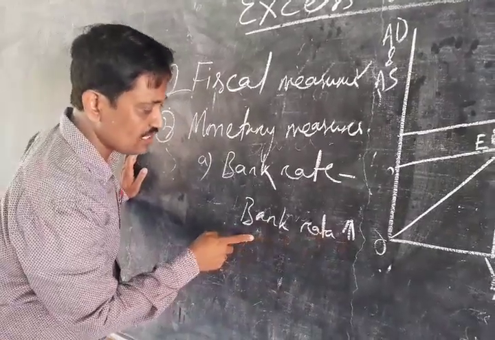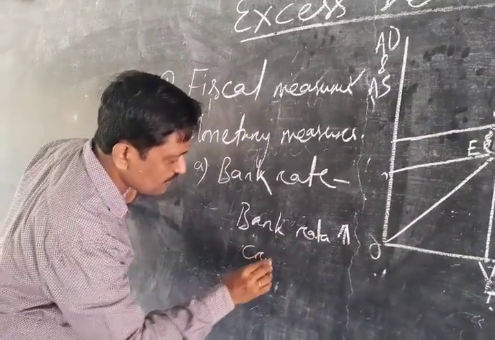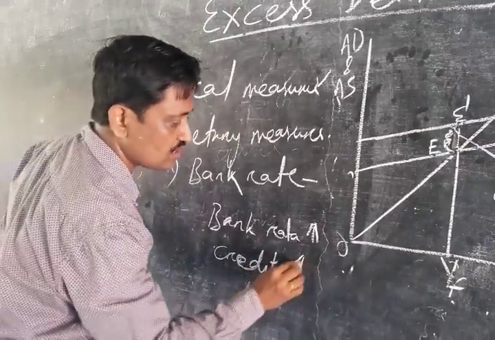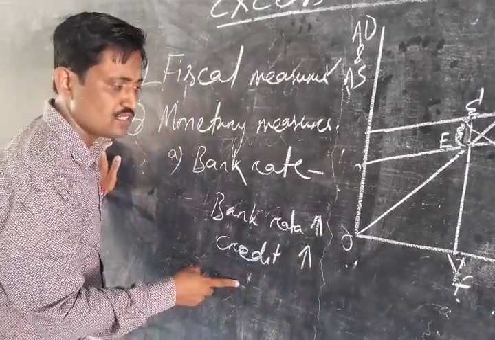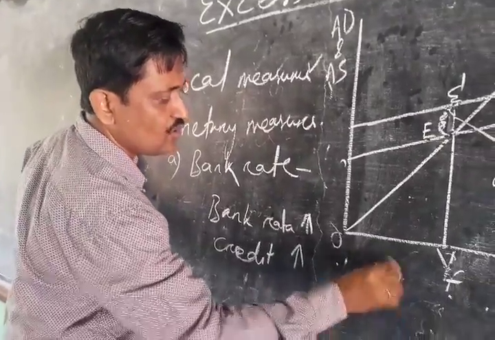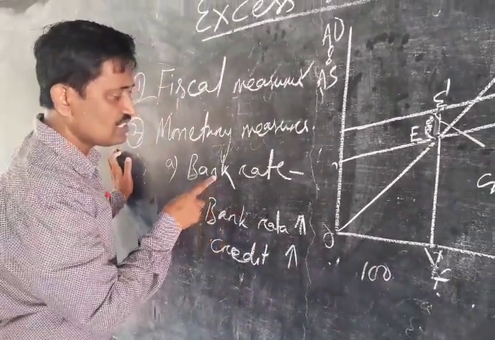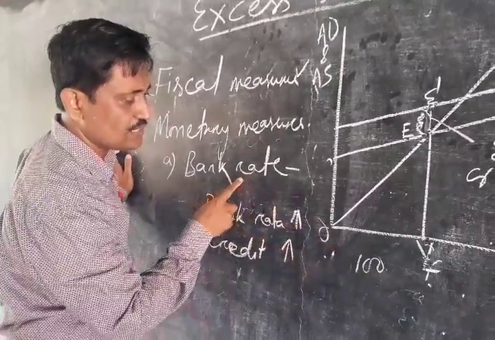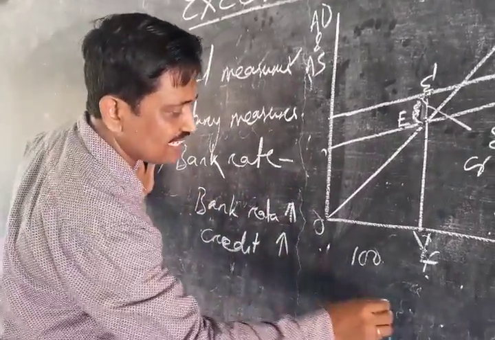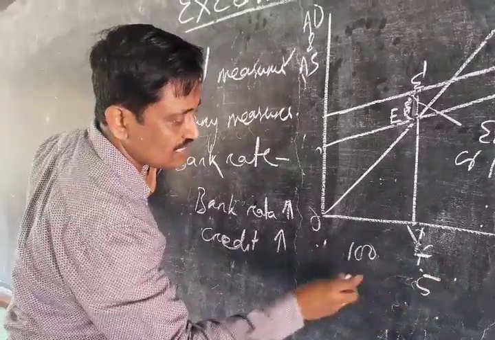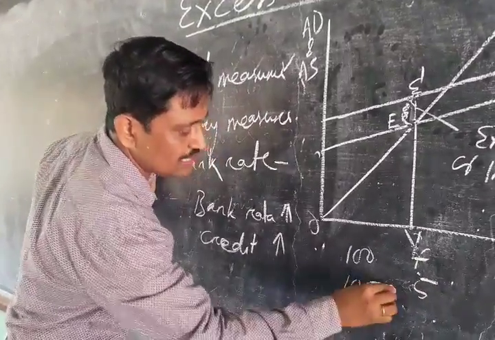When the bank rate increases, then what will happen? Credit becomes costlier. Means if the commercial bank takes 100 rupees from the central bank and the bank rate is 5 per annum, then it will be 105, right?